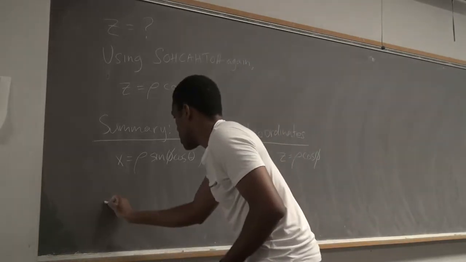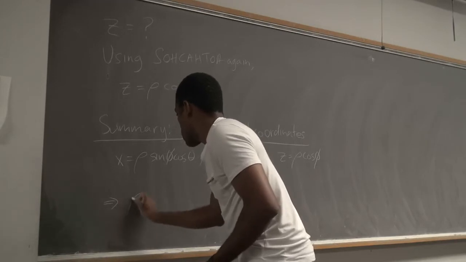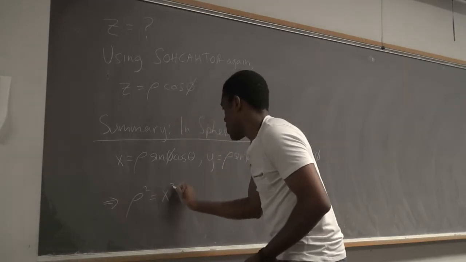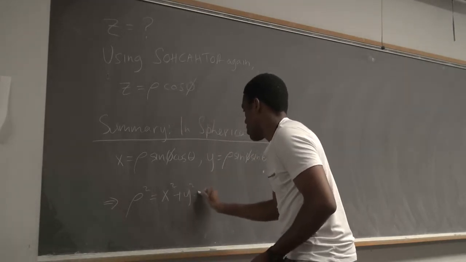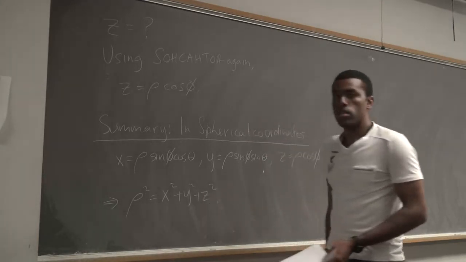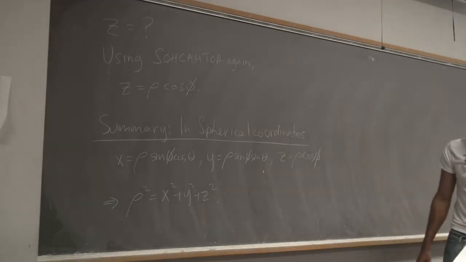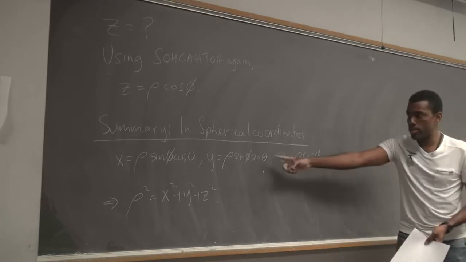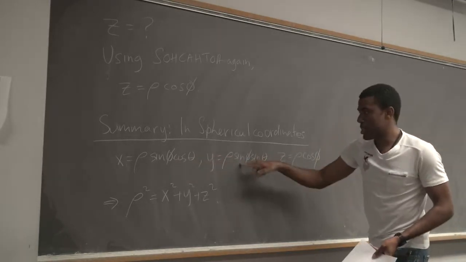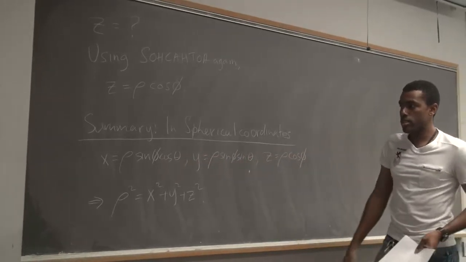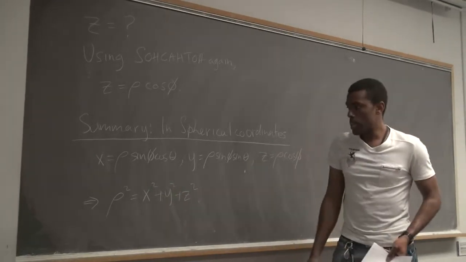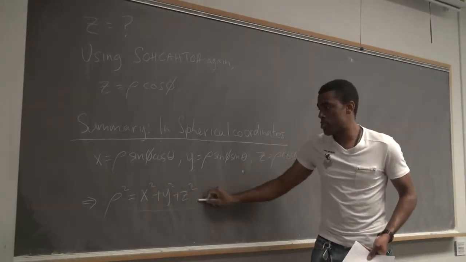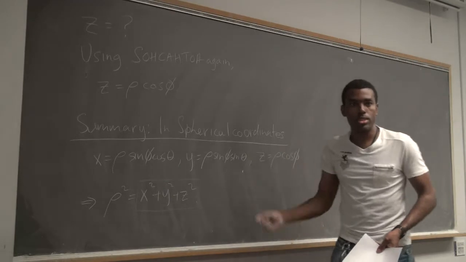And it actually turns out that rho squared is equal to x squared plus y squared plus z squared. Which you can check yourself. You just square each expression, add them all together, and the result will be rho squared.